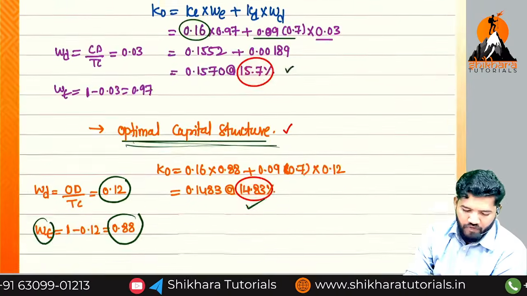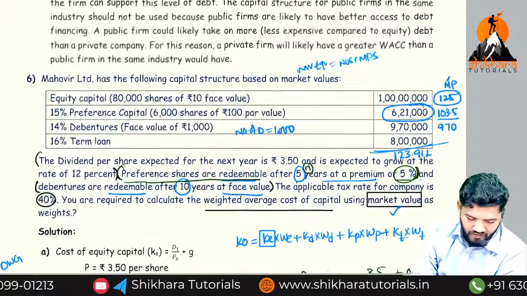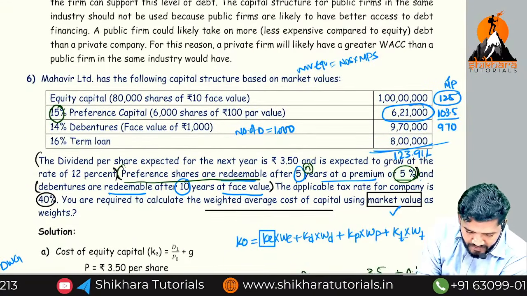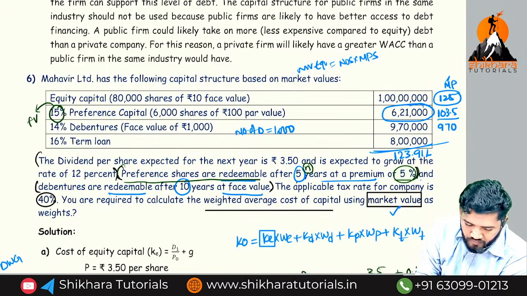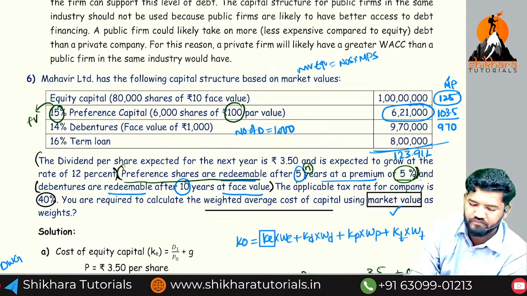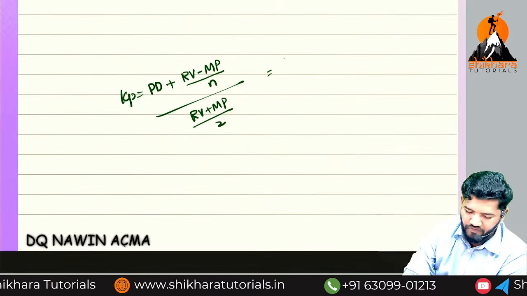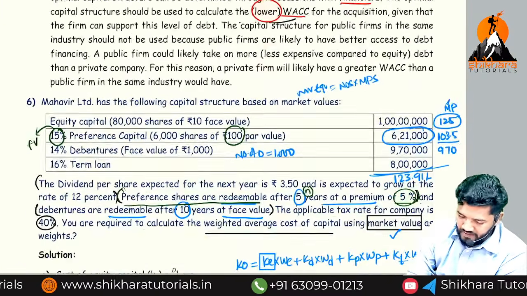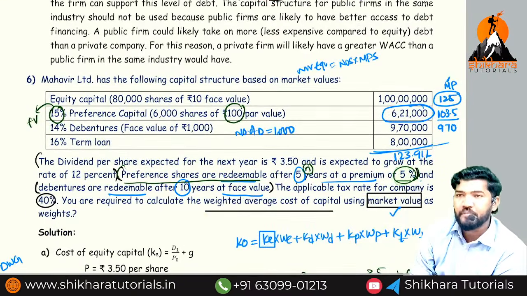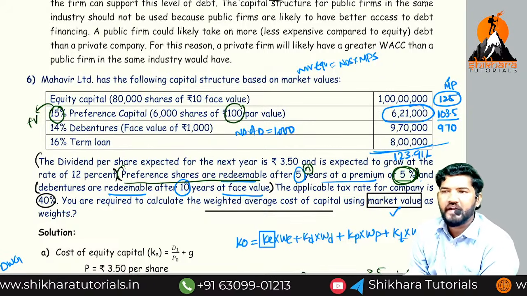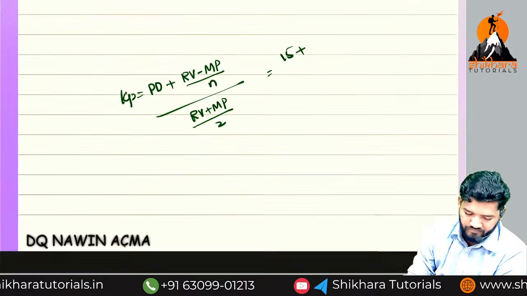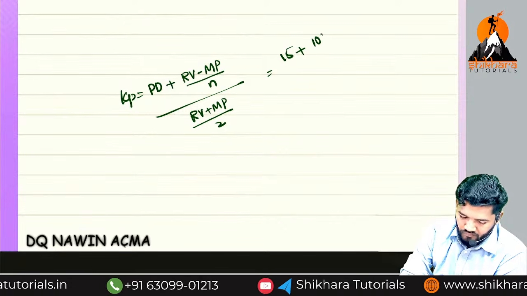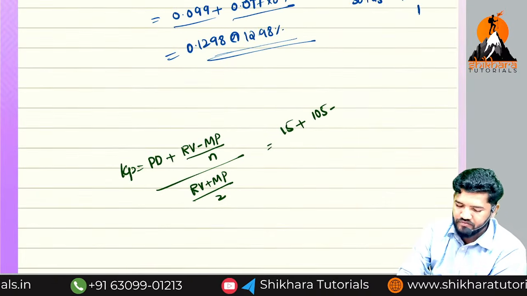Now, how do I find the preference dividend? 15% on face value, so 15. They said repayment at 5% premium. How much did they repay? 105. What about the market price?